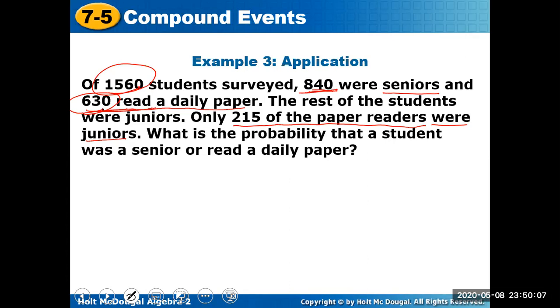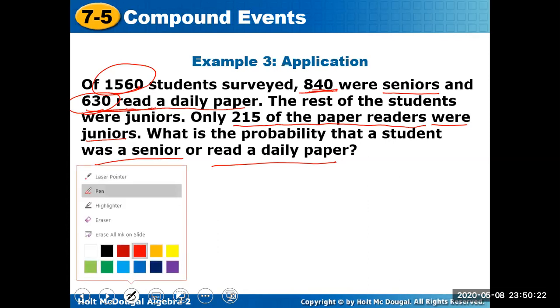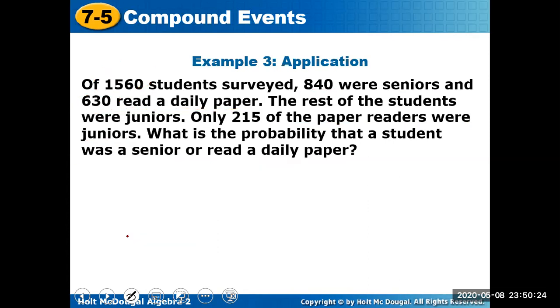That means the remaining were seniors. What is the probability that a student was a senior or read a daily paper? So from here, you can identify your events A and B more clearly. So A or B, right?